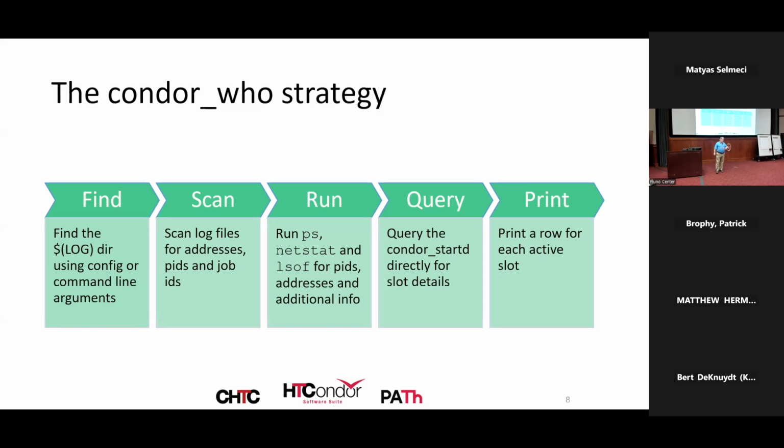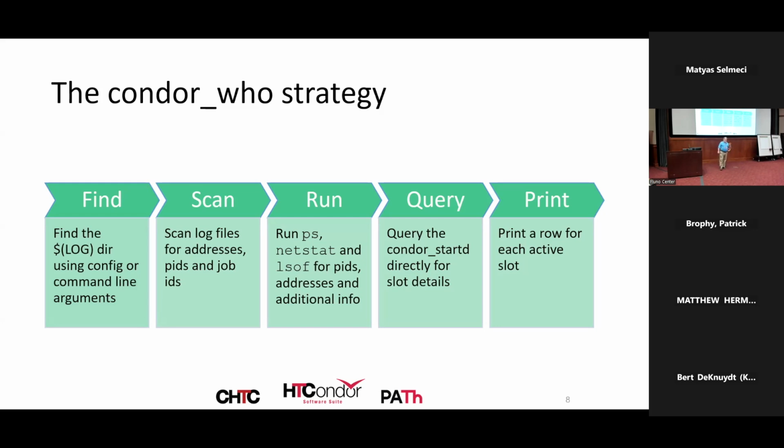This is something that just automatically gets written in the log file when the daemon starts up. If Condor Who is not querying the EP that it's part of, then if you tell it where the log directory is, it can still do the same thing.